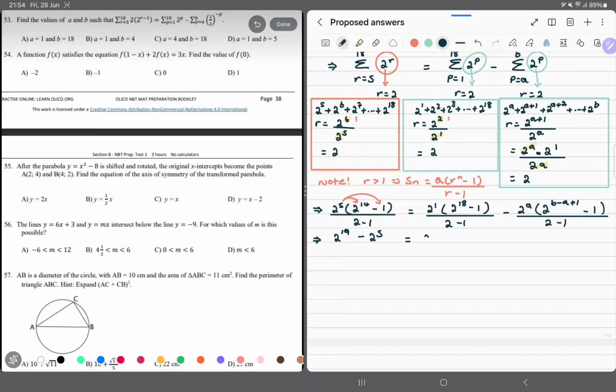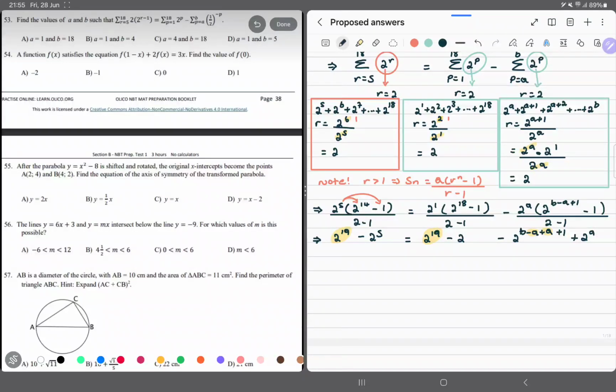And then the same happens here, 2 to the 19 minus 2 minus 2 to the b minus a plus 1, minus times minus, it's a plus 2 to the a. So we can clearly appreciate that 2 to the exponent 19 is of the same order on either side of the equal sign. So these will cancel, as well as minus a plus a.